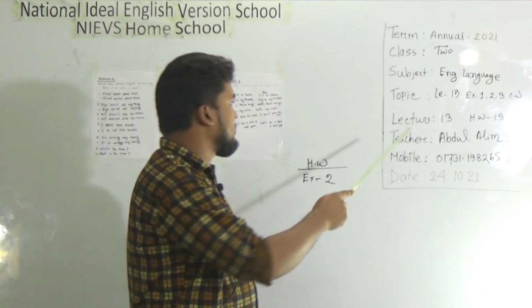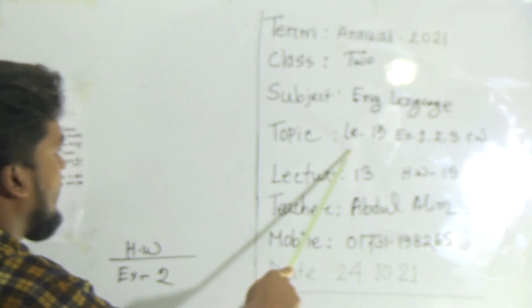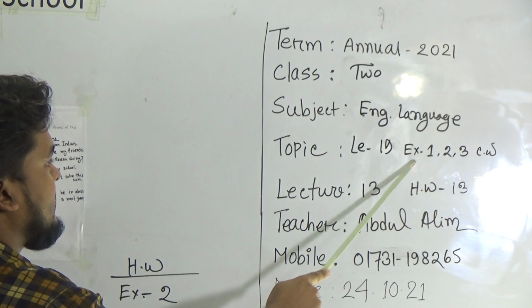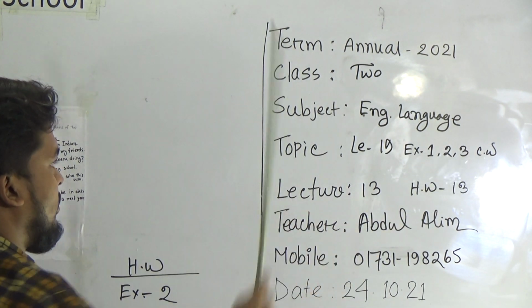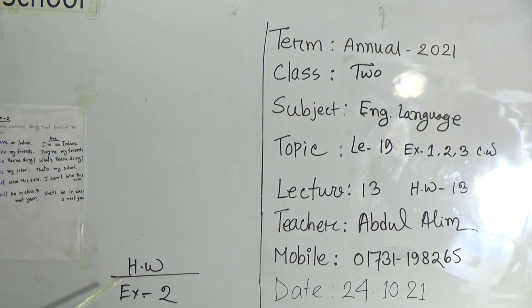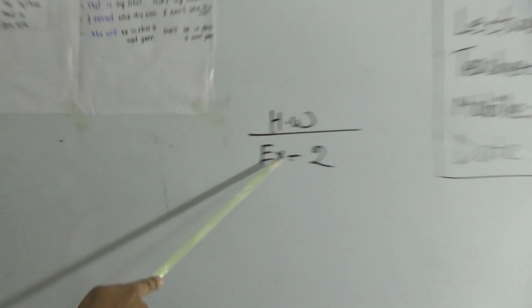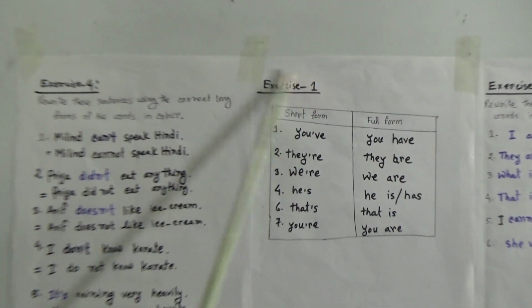Dear students, today's topic is lesson 19, exercise 1, 2, 3 classwork, and I am also giving you exercise 2 as homework. Now let's have a look. This is exercise 1.